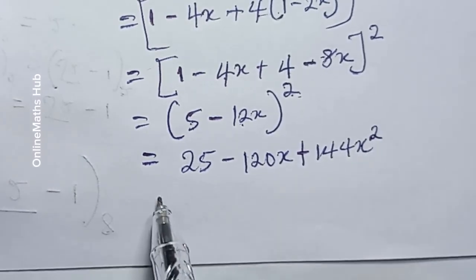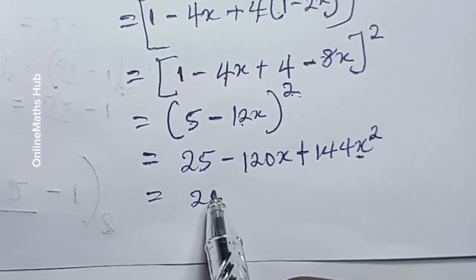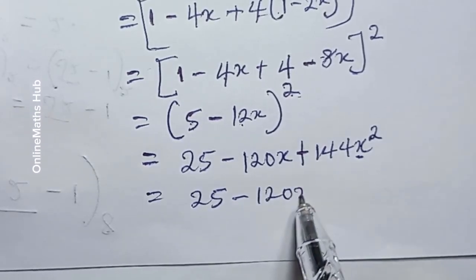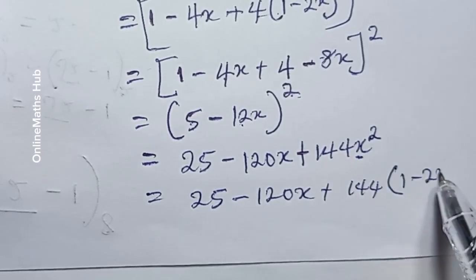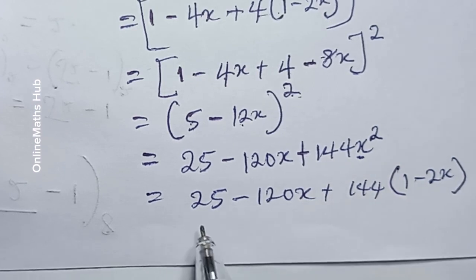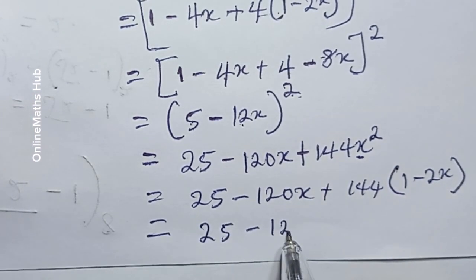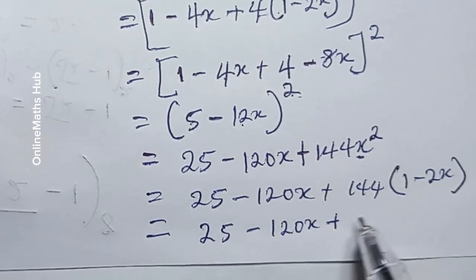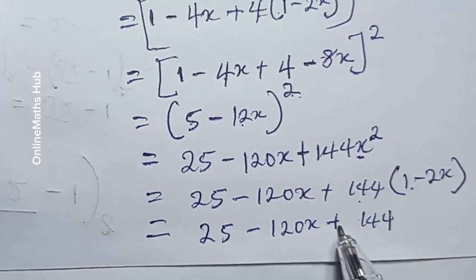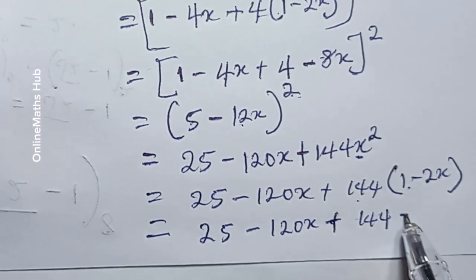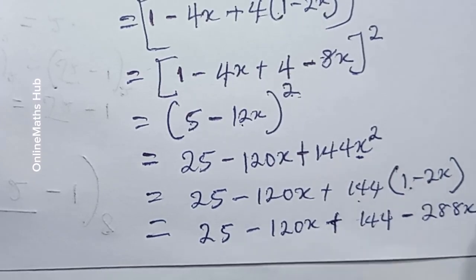Then I can also proceed to make this substitution right there. So I'm going to be having 25 minus 120x plus 144 into 1 minus 2x. So that will have that this is 25 minus 120x plus, opening this bracket, this is 144, and then minus this will give us 288x.